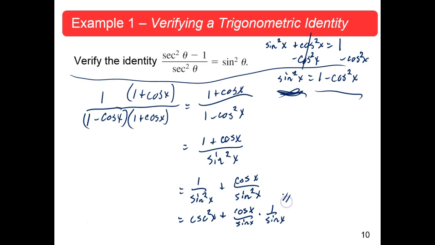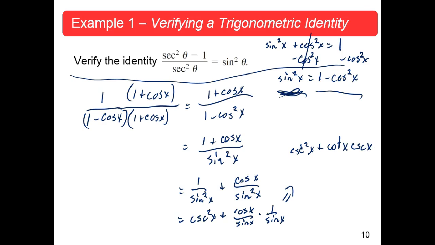That would be cosecant squared from the first one plus, and what's cosine over sine? Call this cotangent x, right? And what's 1 over sine? That's cosecant x.